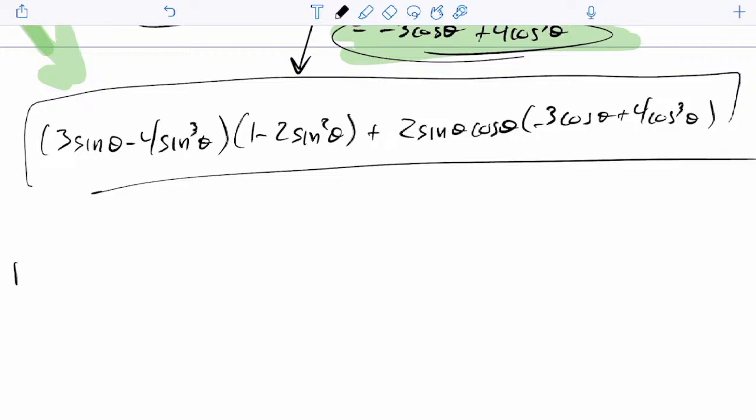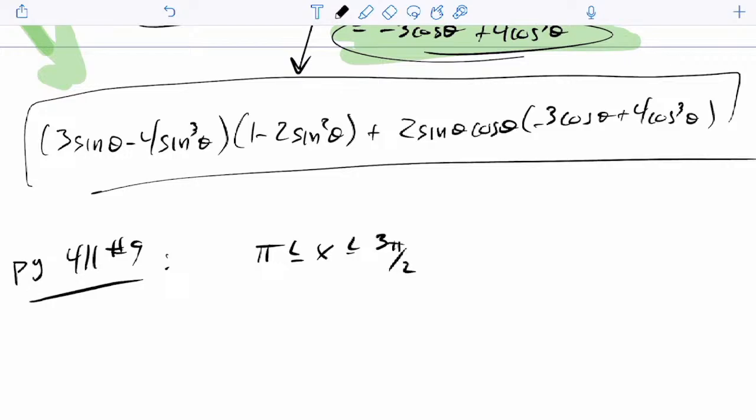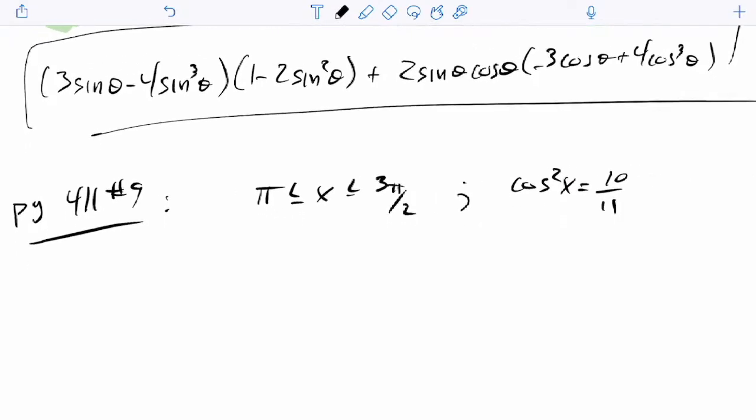Michael wants 411, number 9. So for this one, page 411, number 9, you have this x value.